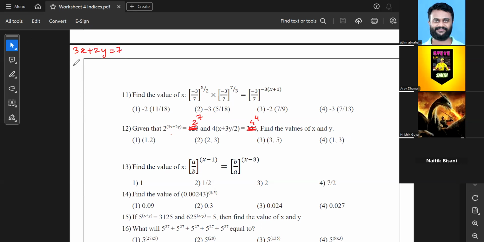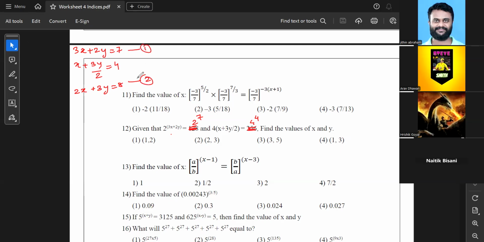That's the first equation. The second equation goes like this. x plus 3y by 2 is equal to 4. So fraction अगर हटाएंगे, so that goes 2x plus 3y is equal to 8. Okay. So this is your first equation. This is your second equation.